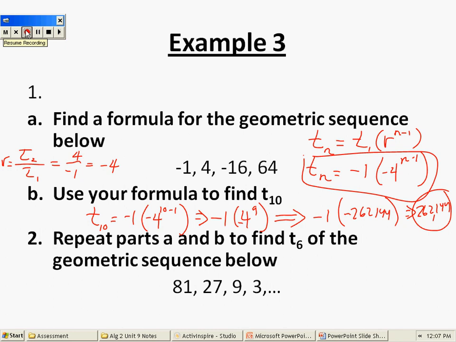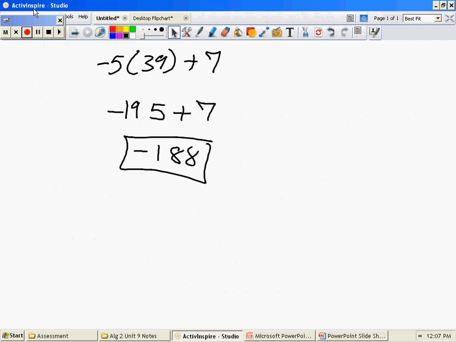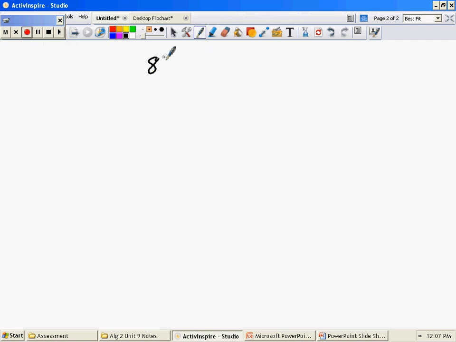Okay, so I'm going to go ahead and switch slides here real quick. Here's our sequence. We have 81, 27, 9, 3. All right. Well, first of all, we need to find r, which we find by putting the second term over the first. Now, in this case, would it be wise to use the first two terms? Yeah. You could, but check it out.